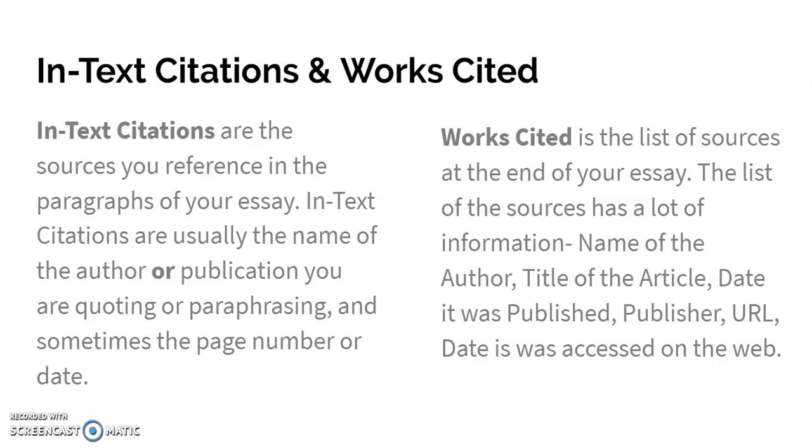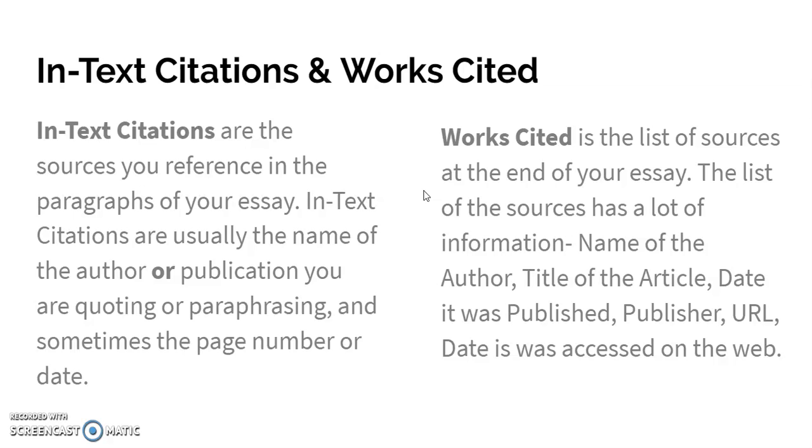And if it's a source from a book, you might include the page number in your in-text citation as well. For One World, we've mostly used websites and articles from online publications, so we're not going to worry about page numbers. And sometimes you include the date. So those are the in-text citations. They are inside your essay, inside the sentences and paragraphs of your essay.